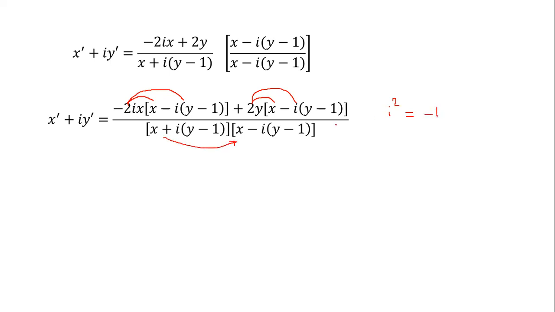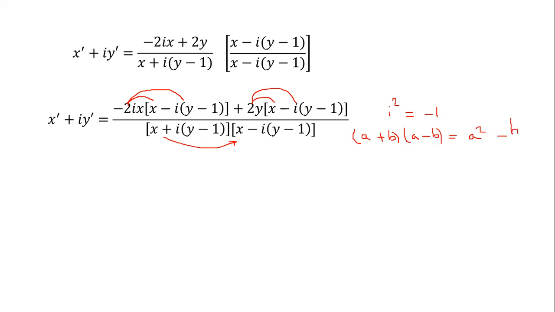Expanding the denominators, they represent a case of difference between two squares. Remember that a plus b multiplied by a minus b is equal to a squared minus b squared.